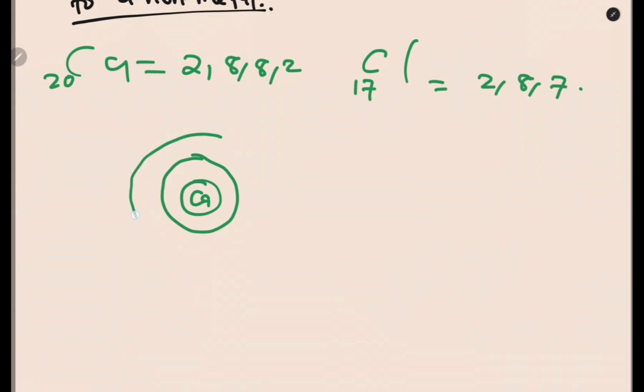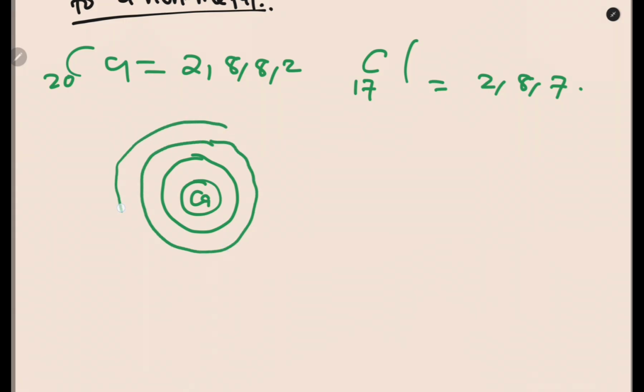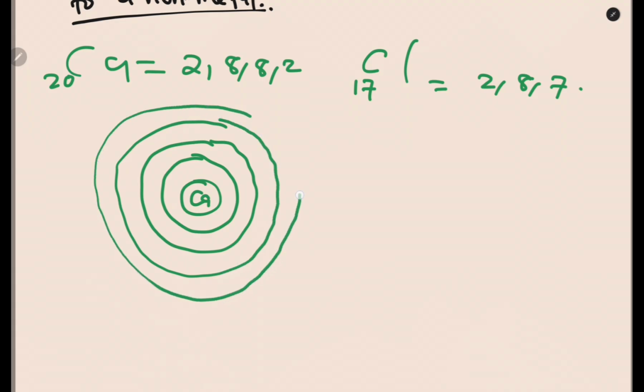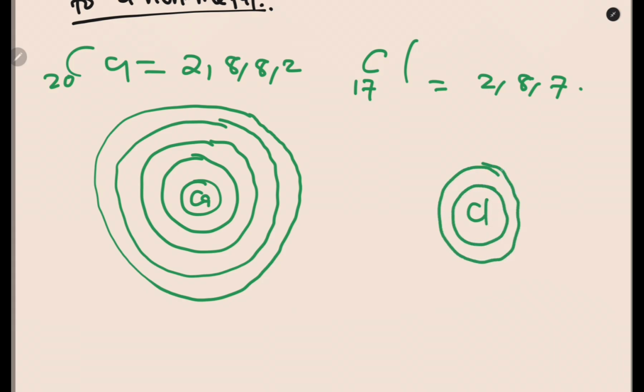So let me put 4 shells around calcium. So we have 4 shells around calcium. Don't mind my diagrams. Then we have chlorine. How many shells? 3 of them around.